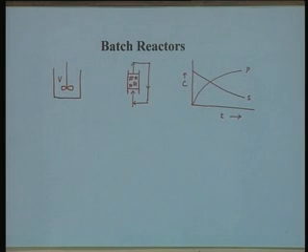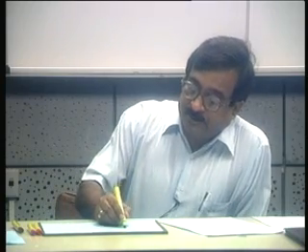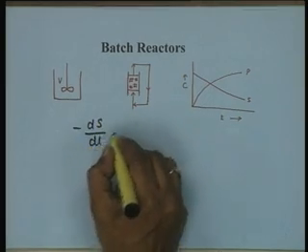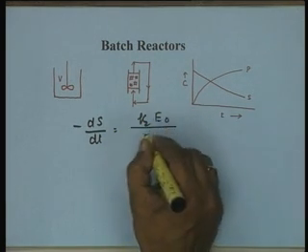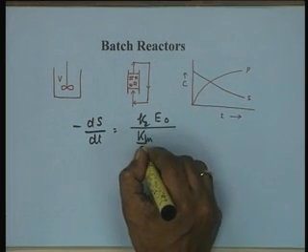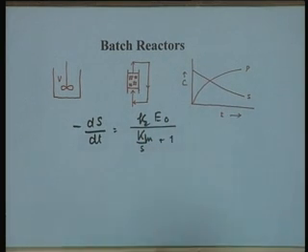When I say performance of reactor, I mean the extent of conversion as a function of residence space time, or in a batch reactor, the reaction time. Now in the case of a batch reactor, the reactor performance can be judged simply by the integrated form of the reaction equation, and that is minus dS over dt is given by k2 E0 upon Km over S plus 1, the typical Michaelis-Menten equation.